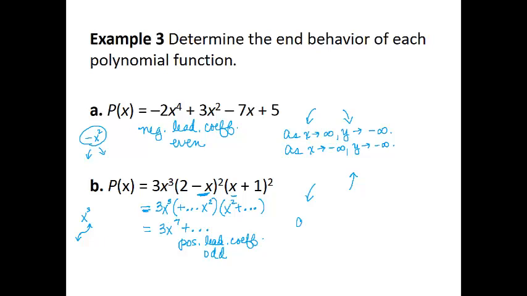So we say as x goes to infinity, y goes to infinity, right? That's saying as we go to the right, the graph is going up. And as x goes to negative infinity, the graph goes down, right down to the left, so y goes to negative infinity.